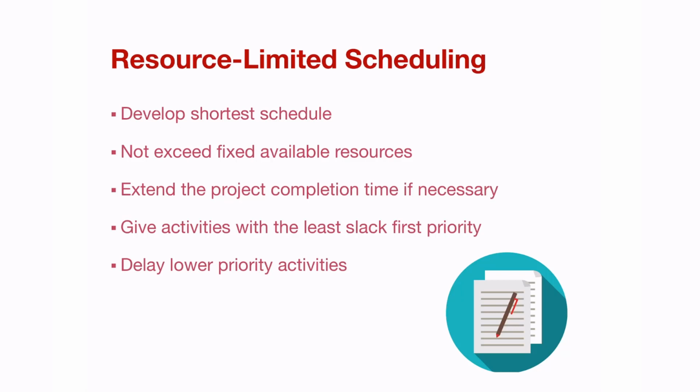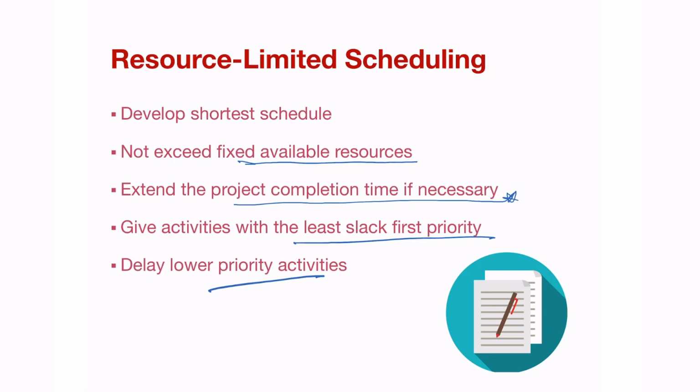You extend the project completion time if necessary, if you don't have the resources in order to complete the project properly. And also you give activities with the least slack the first priority, which means those things that don't have slack or float in them, or they're on the critical path, are the activities that you put through first and you allocate and get those done first.